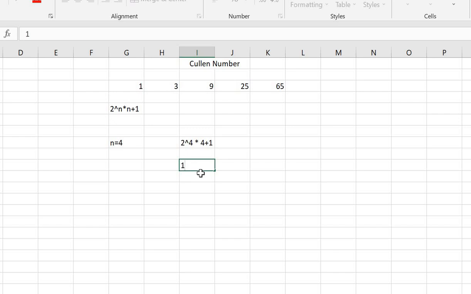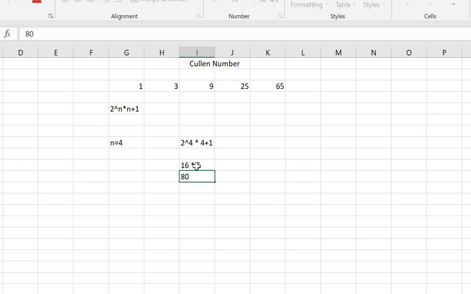So 16 into 4 plus 1 is 5, so when we multiply 16 into 5, that will be 80.